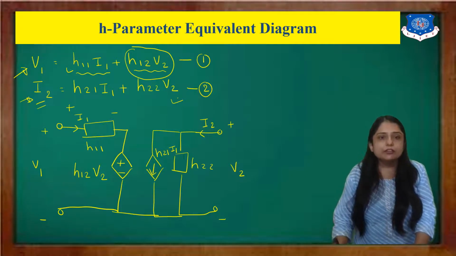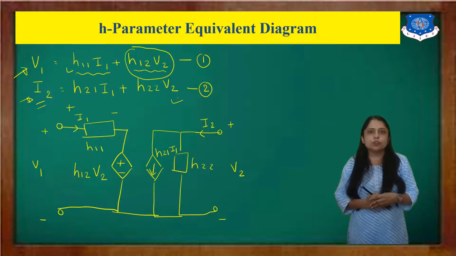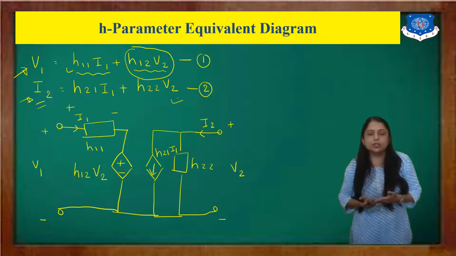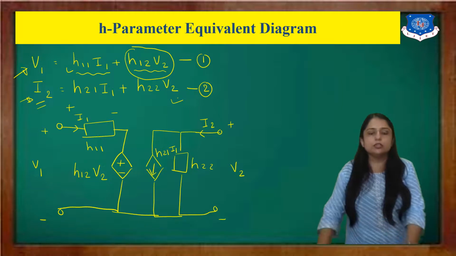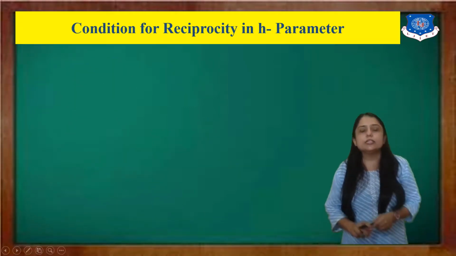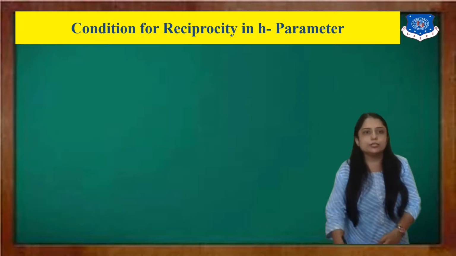Alright, and whenever you have a dependent voltage source, always the sign of the voltage source is from plus to minus. And whenever you have a dependent current source, then the direction of that source is down. Now next, we will discuss the condition for the reciprocity in H parameter.